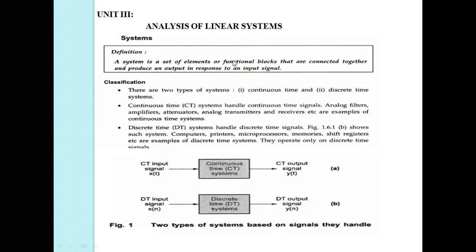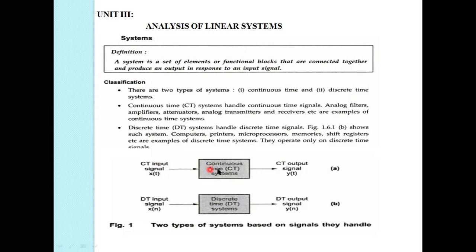A system is a set of elements or functional blocks that are connected together and produce an output in response to the input signal. Once again, I will explain the definition of the system. A system is a set of elements or functional blocks that are connected together and produce an output in response to the input signal.